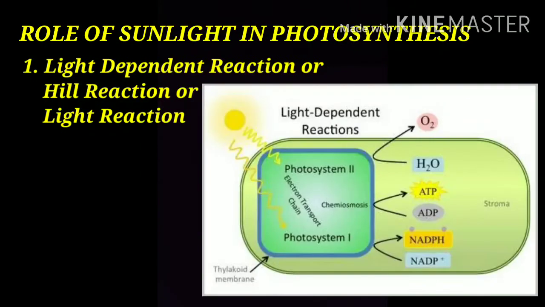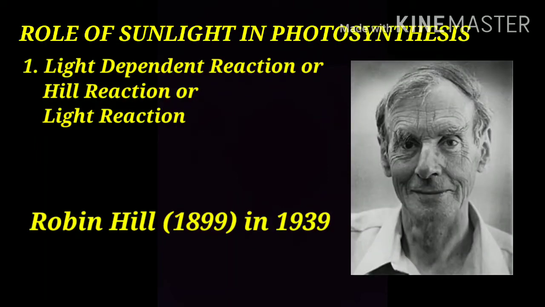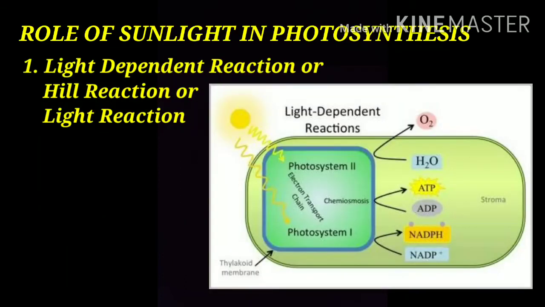First reaction, light dependent photosynthesis or Hill reaction or light reaction. This was discovered by Robin Hill in 1939. This reaction takes place in the presence of light energy in thylakoid membranes, that is grana of the chloroplast.